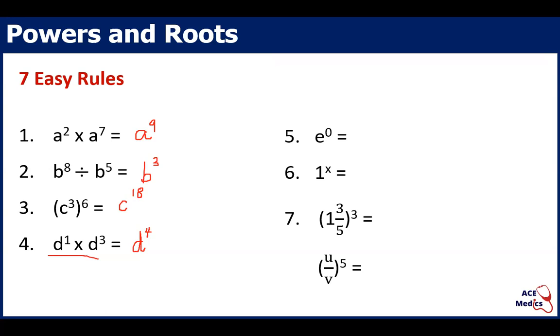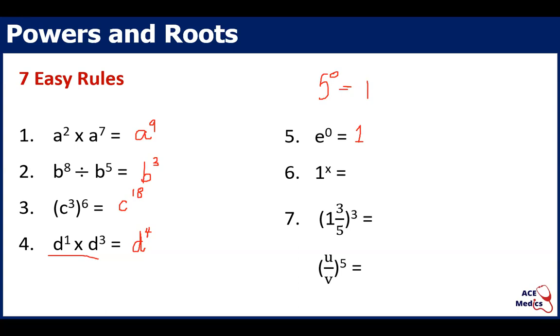Sorry, I'm just having a few issues with my screen and getting it up. So e to the power of 0 is 1, not e to the power of 1, it will just be 1. If I had 5 to the power of 0, it'd be 1. That's literally it. Seems a bit weird, but that's just how it works.